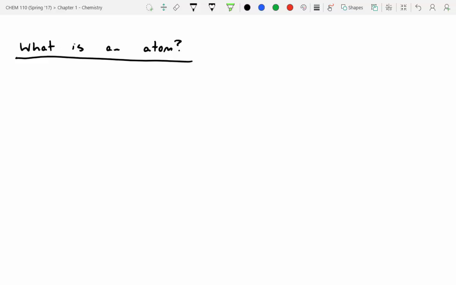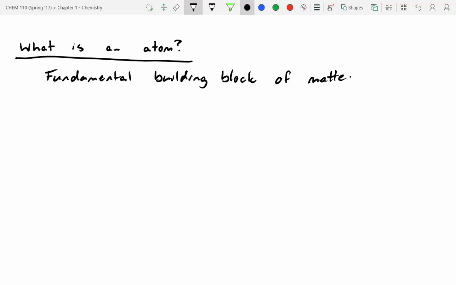It's the smallest part of something. I think that's a great explanation, actually. So it's a fundamental building block of matter. And it's basically the smallest pieces that make up matter.